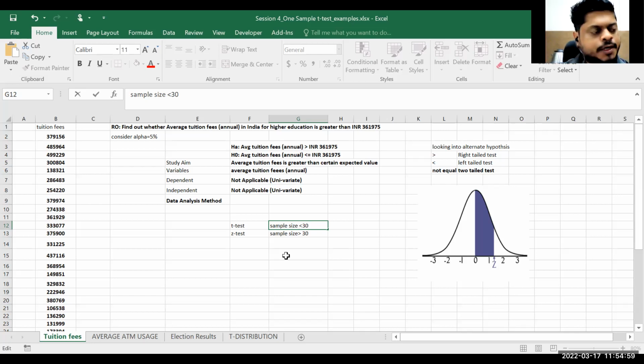Is this the only condition where I can decide whether t-test or z-test, or is there any additional condition? I guess this is the only one. Anyone else having any other answer?